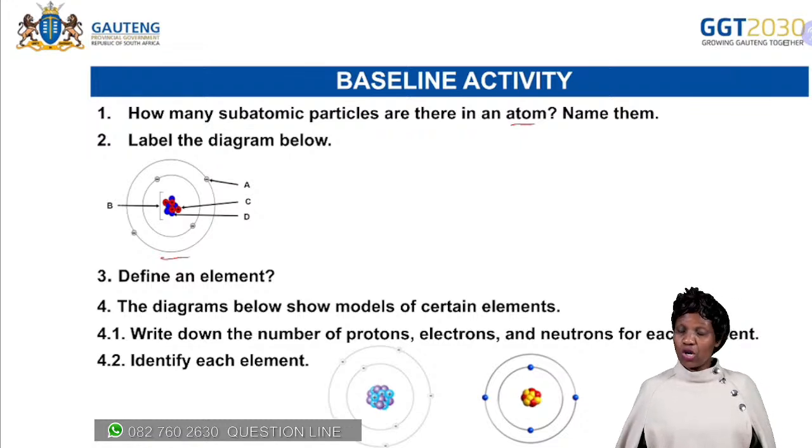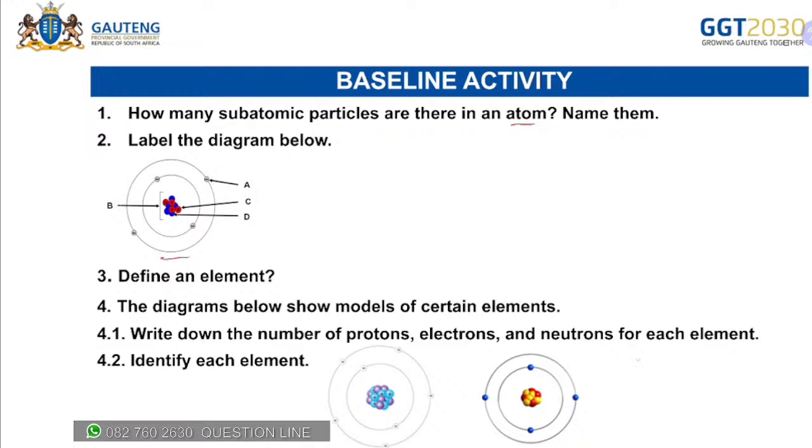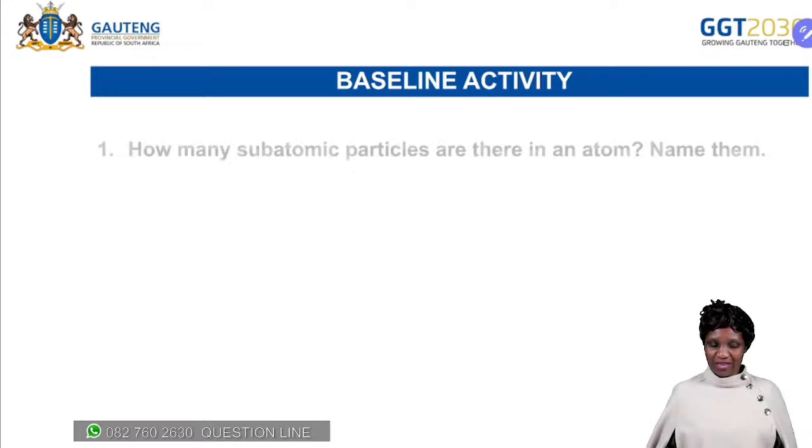The diagrams below show models of certain elements. And then 4.1 says, write down the number of protons, electrons, and neutrons for each element. And then 4.2, identify each element. We need to check the solutions together.